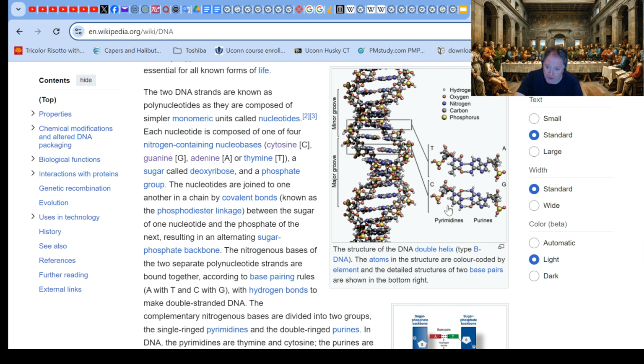And the other 2, T, thiamine, is actually karma. You notice of these 3, do you recognize thiamine? There's a vitamin called thiamine. It is the B vitamin that is the most critical vitamin that you need to have to survive.